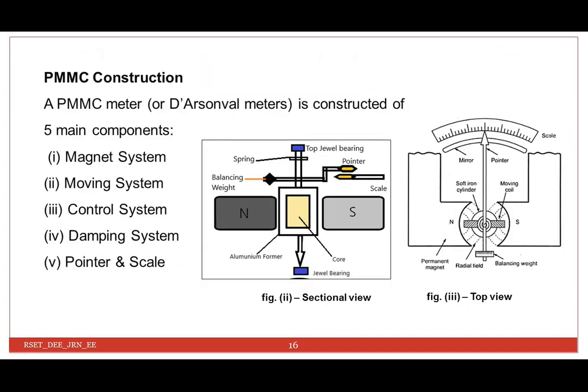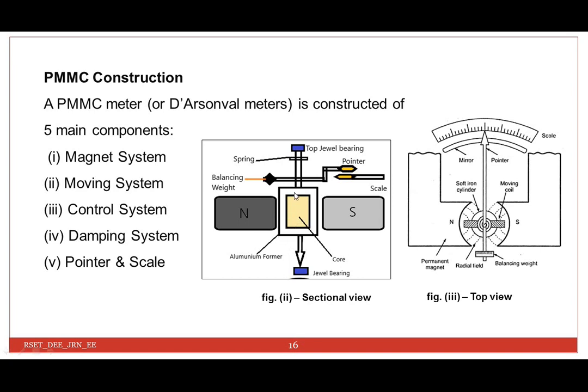Now you can see the sectional view and the top view. So these are the 5 main components. You are having the magnetic system. In the sectional view, you can see the poles of the horseshoe magnet. This one acting as the north pole and this one acting as the south pole: the stationary magnetic system. Moving system, you can see the coil, which is mounted on an aluminum former, which is again mounted on a soft iron core.